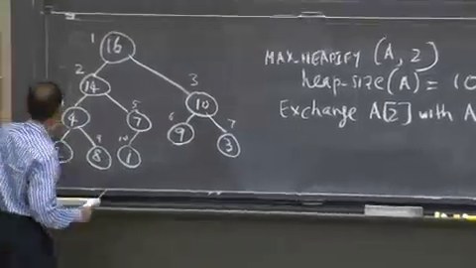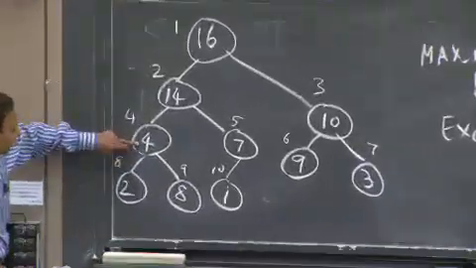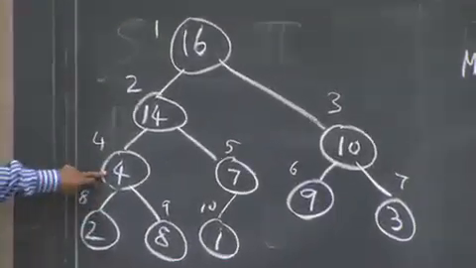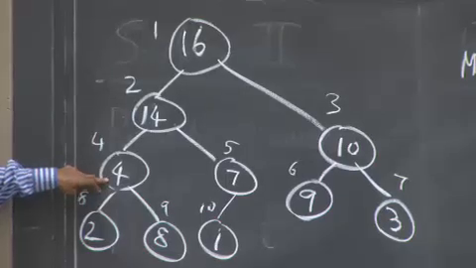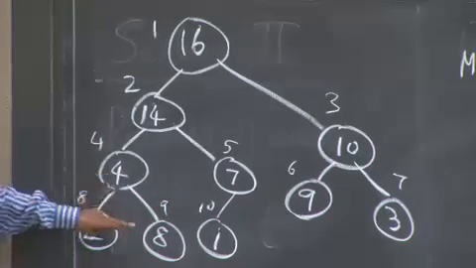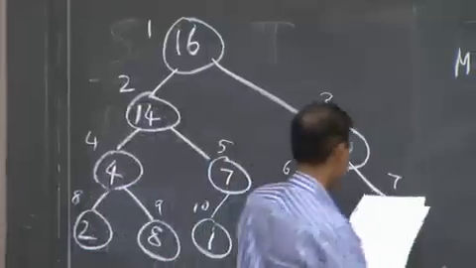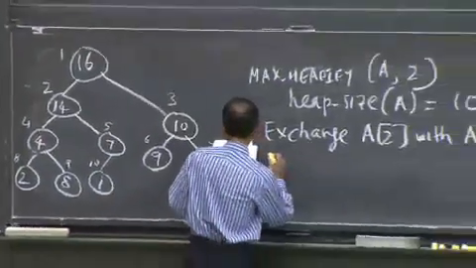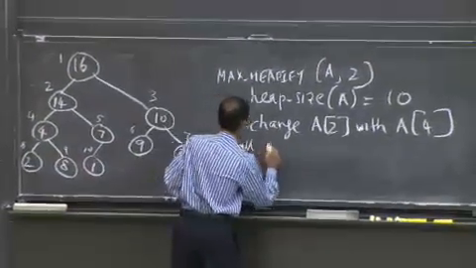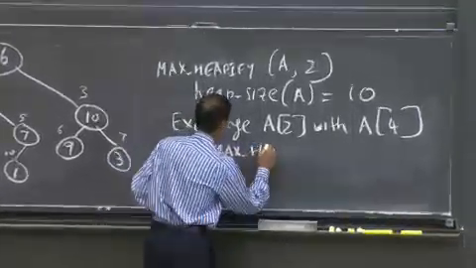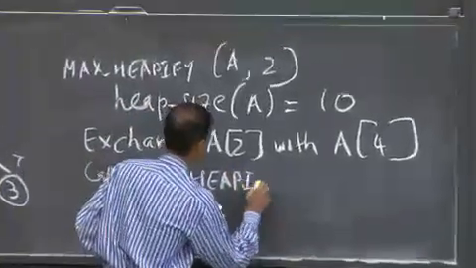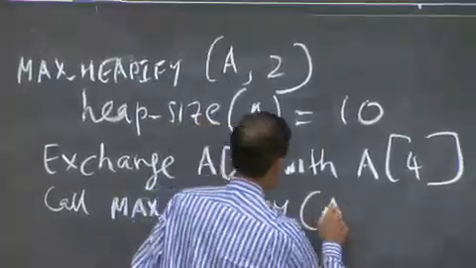And then when you get to this point recursively, you'd realize that the max heap property at this level is violated. And so you would go ahead and call max heapify A, 4.